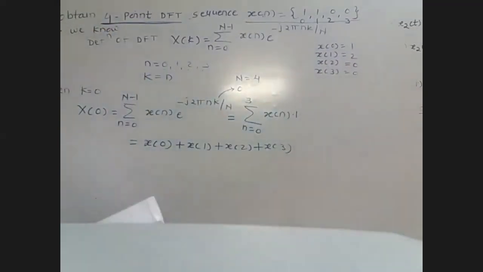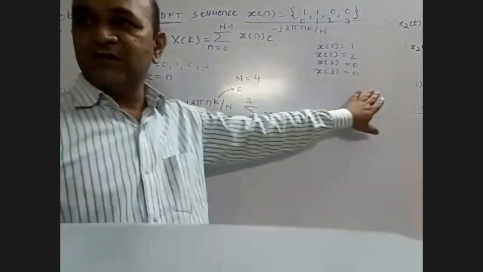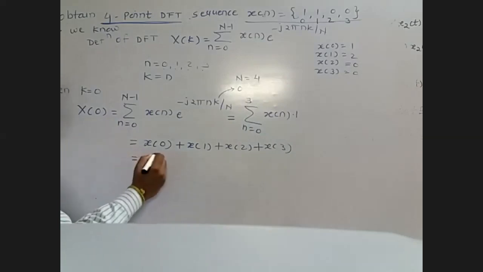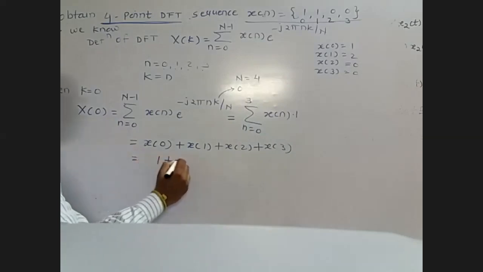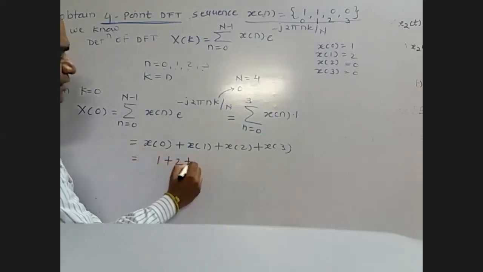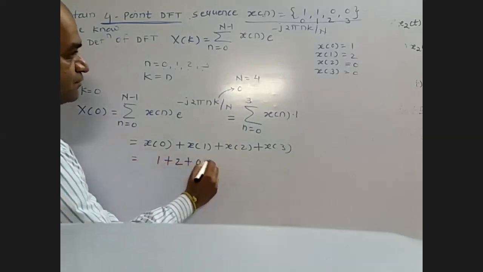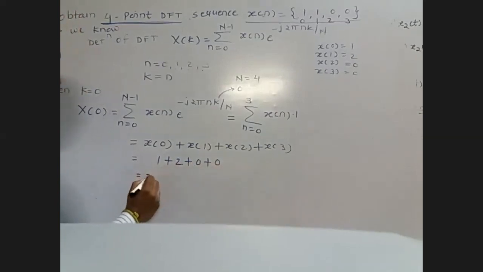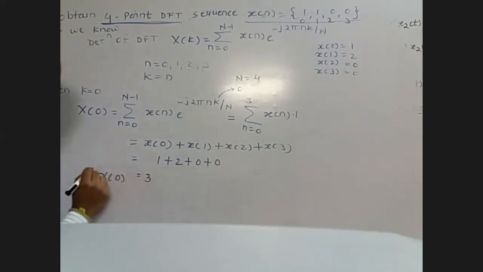You can see these values here. I am just checking whether you can see it or not. Now you can put these values in the first expression: x of 0 is 1 plus x of 1 is 2 plus x of 2 is 0 plus x of 3 is 0, and you get the total value 3.